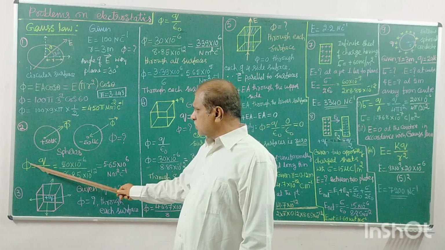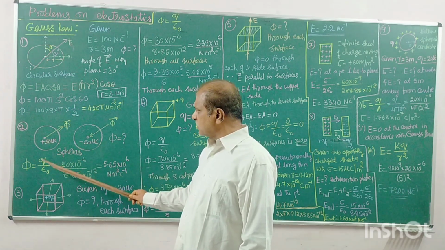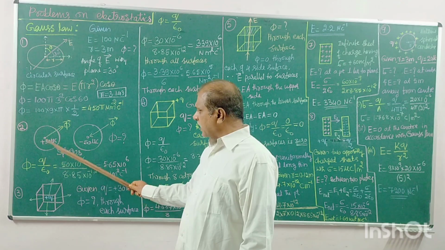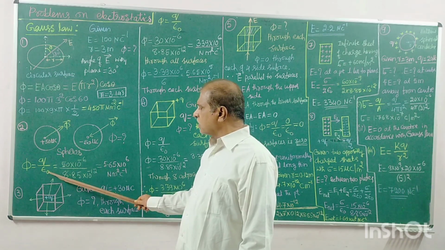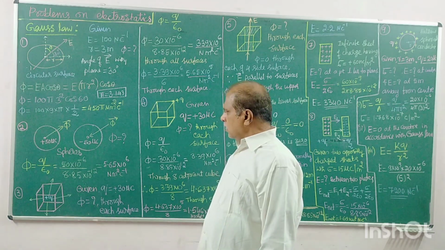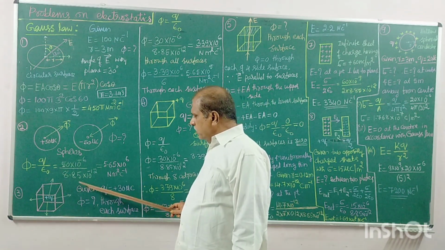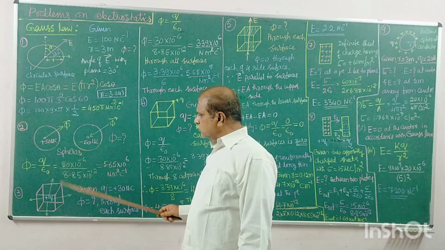That is the total flux through the entire surface, the amount of charge enclosed divided by epsilon naught, the permittivity of free space. The value of this in SI is 8.85 into 10 to the power minus 12.